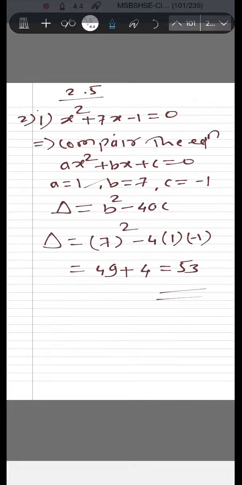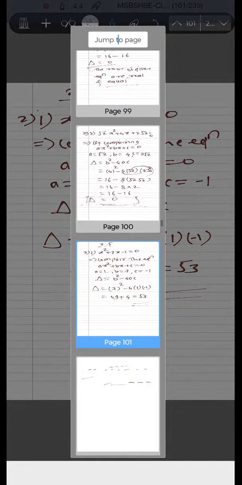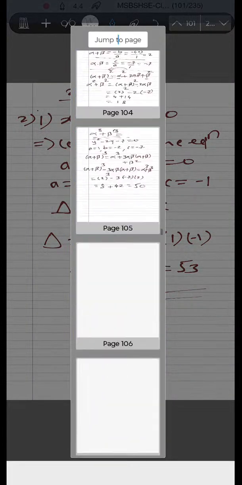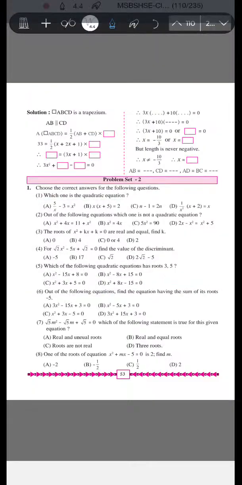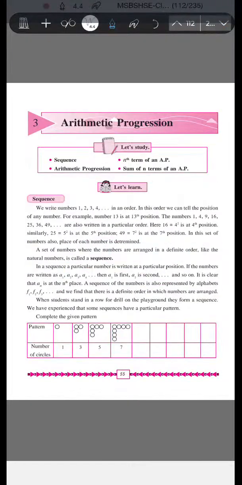And now it's 8:20, so I'm going to wind up this lecture. Tomorrow I will take the next practice set, which is 2.6. Just practice it well, and we are going to cover almost all practice sets and finish this chapter. We will try to take maximum practice sessions. That's it.